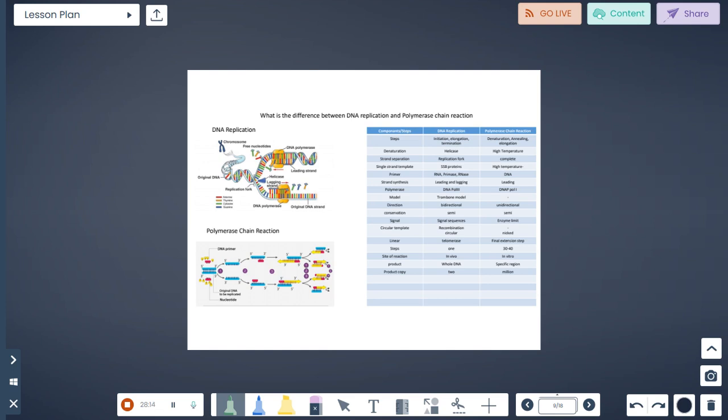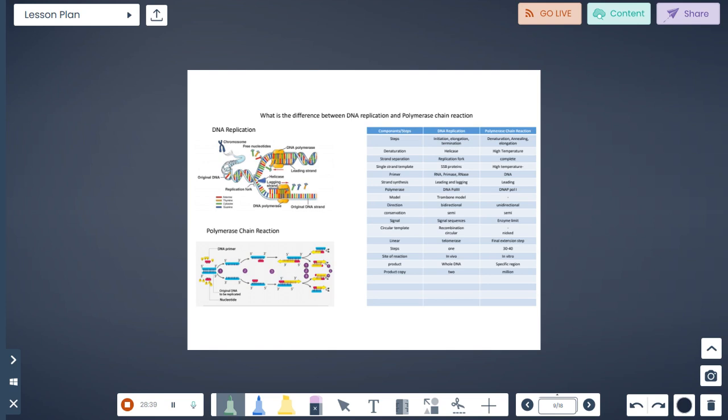Only the region where it is replicating will become single stranded DNA. But in the case of PCR, the entire template is made into single strand, and the high temperature will keep the DNA single stranded. There is no single strand binding protein involved, and the primer used is actually a DNA primer.